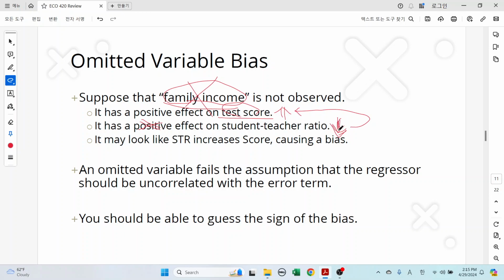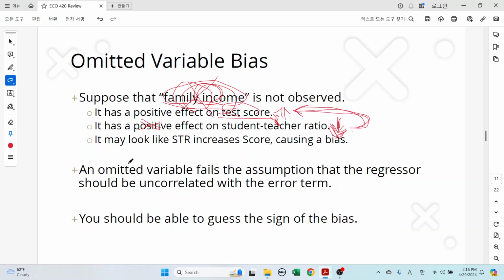Even if this lower student teacher ratio is only due to family income, and high test score is only due to high family income, still it may look like a bias, as if student to teacher ratio causes test score. So that is a bias. Even if there is no direct causation, still there is another link that you don't observe that may mask the estimate. It may look like there is a relationship.